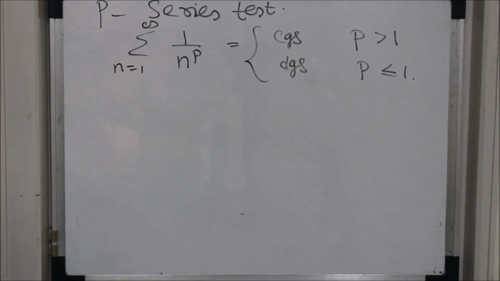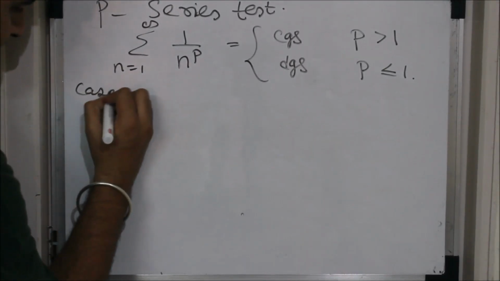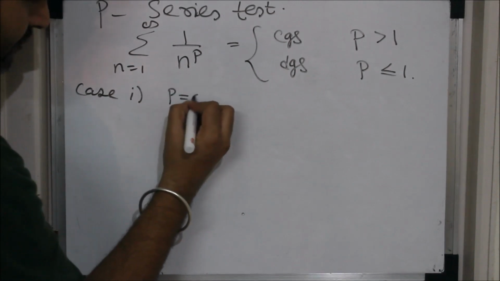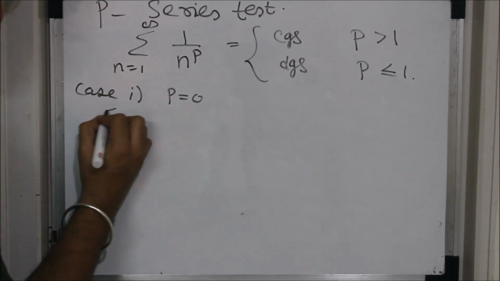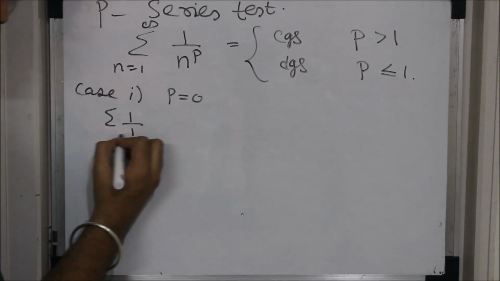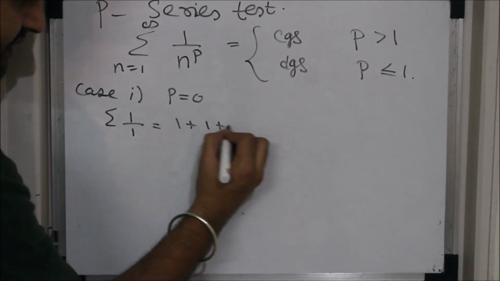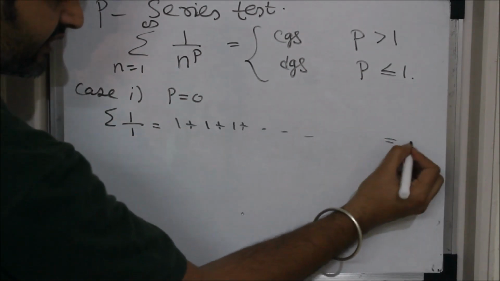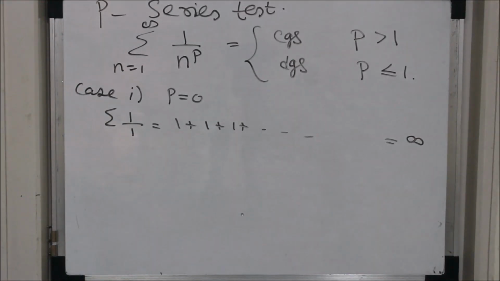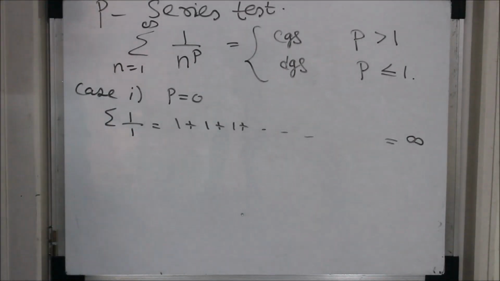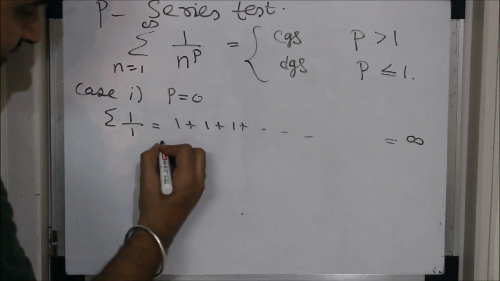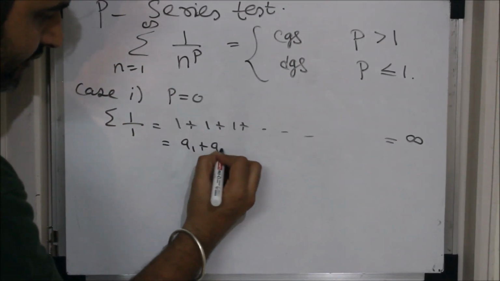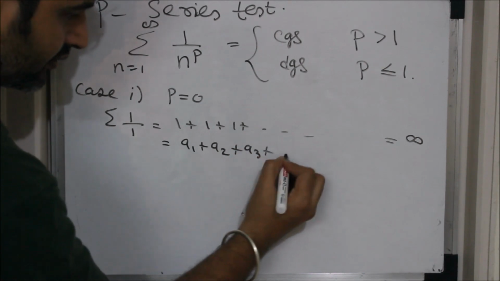So let's do this question by taking some cases. Let's take the simplest case, case 1, when my p is 0. When my p is 0, what do I have? Summation 1 upon n raised to 0 is 1. So nothing but 1 plus 1 plus 1 plus, adding 1 infinity times. What do I get? I get infinite. So therefore this is a divergent series. One can directly write this as infinite, or another way is, this is a1 plus a2 plus a3.